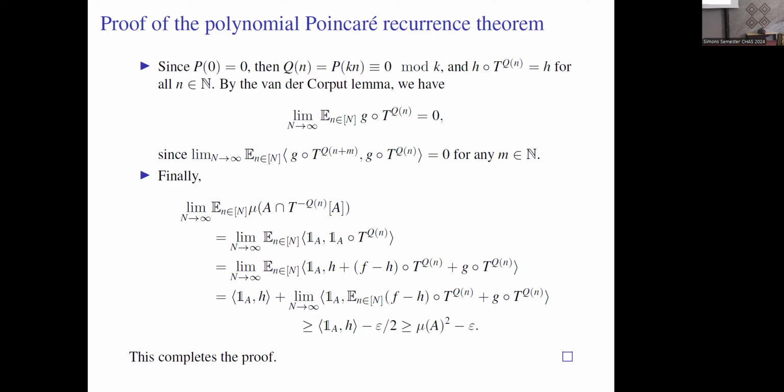Here, it's important that the constant term is 0. So this is the important place where we will use the fact that the zero term of this polynomial is 0. This assumption is needed. And we consider this polynomial p(kn) modulo k.